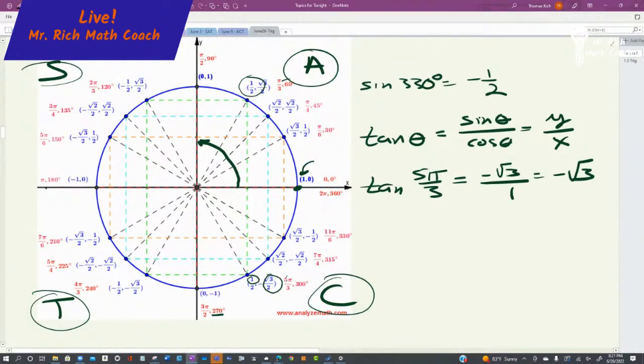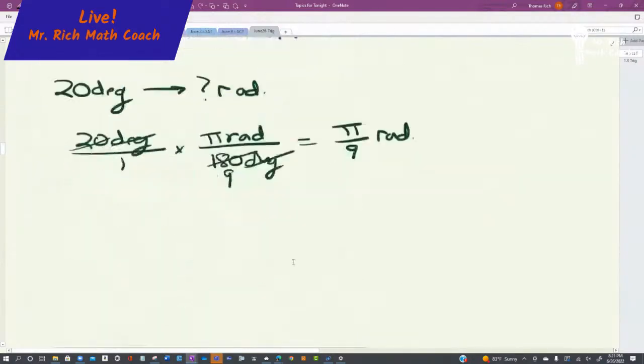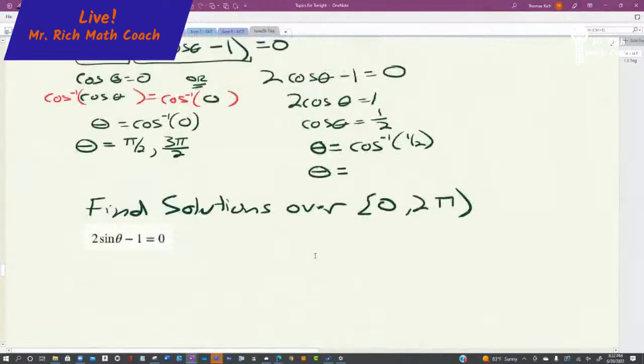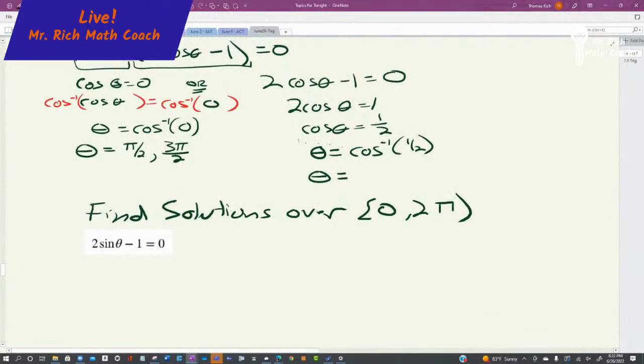And it's also going to be true down here at 5 pi over 3. So we're going to give those two answers because I know in the unit circle, that's when cosine theta is equal to a positive 1/2: pi over 3, 5 pi over 3.